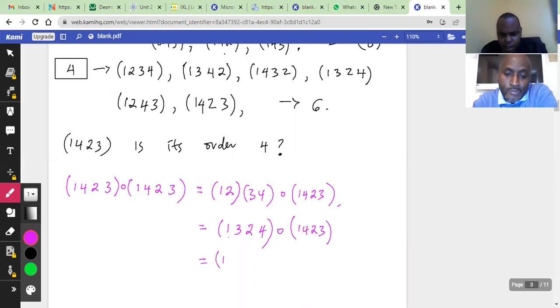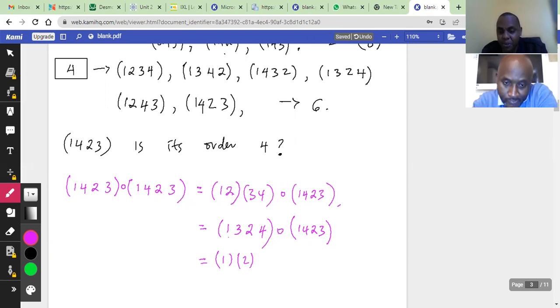1 goes to 3, 3 goes to 1. So 1 goes back to 1. 2 goes to 4, 4 goes to 2.